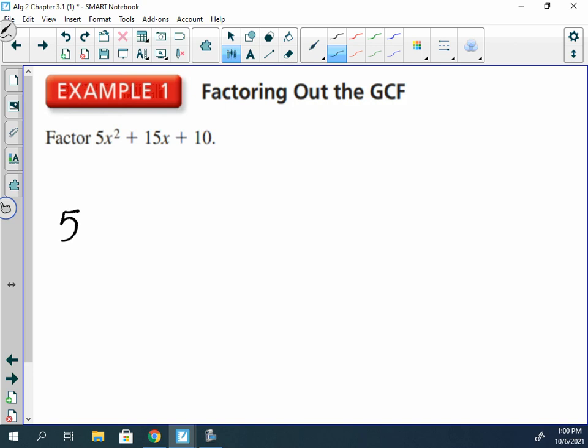So we'll put a 5 in a parentheses. And essentially what we're doing is dividing each of these terms by 5. Well, 5x squared divided by 5 would be just x squared. 15x divided by 5 would be plus 3x. And 10 divided by 5 would be plus 2.